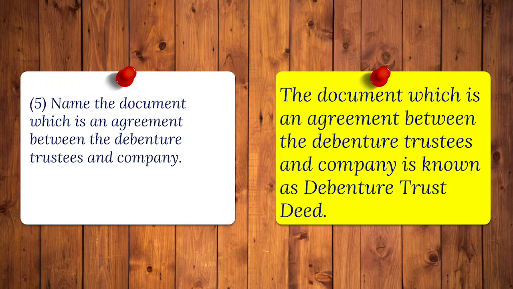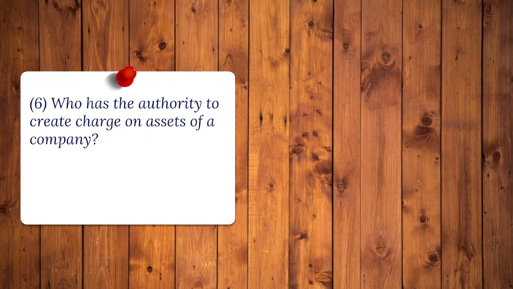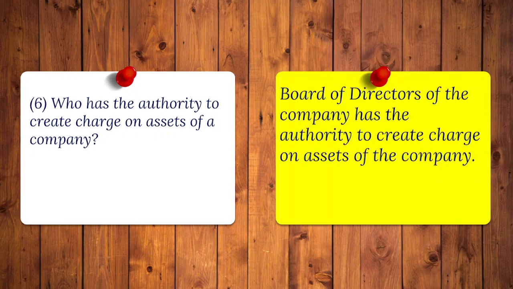The document which is an agreement between the debenture trustees and company is known as debenture trust deed. 6. Who has the authority to create charge on assets of a company? Answer. Board of Directors of the company has the authority to create charge on assets of the company.